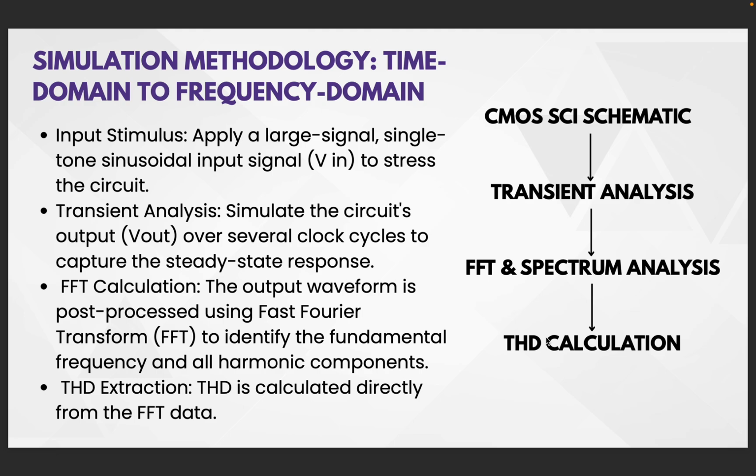This allowed us to clearly identify the main signal and all its harmonics. Finally, the total harmonic distortion was calculated directly from the FFT data to evaluate how much distortion occurred in the circuit. This step was essential to link our time domain simulation results with their actual frequency domain performance.